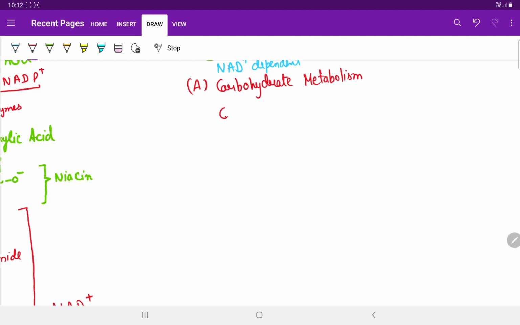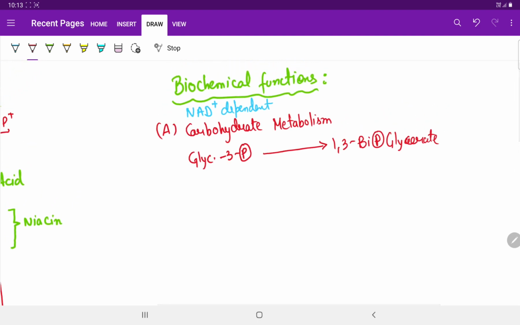You are all familiar with this reaction of glyceraldehyde 3-phosphate getting converted into 1,3-biphosphoglycerate. This is an NAD dependent reaction in presence of a dehydrogenase enzyme, glyceraldehyde 3-phosphate dehydrogenase.